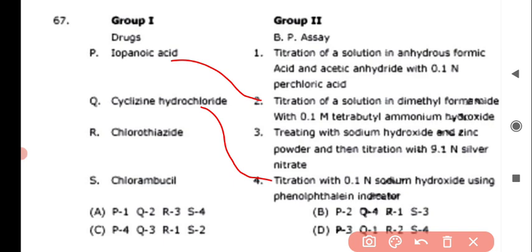Next is chlorothiazide, the correct answer is option number 1, that is titration of sodium solution in anhydrous formic acid and acetic anhydride with 0.1 normal perchloric acid. For chlorambucil, the correct answer is option number 3, that is treating with sodium hydroxide and zinc powder and then titration with 0.1 normal silver nitrate. So option B is correct for this question.